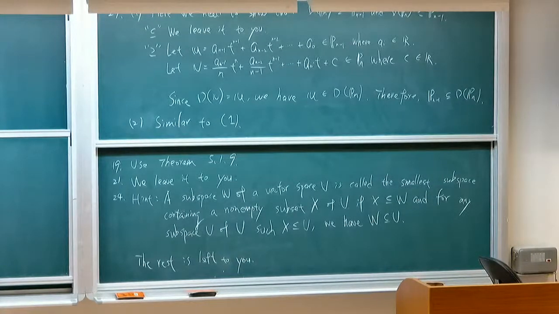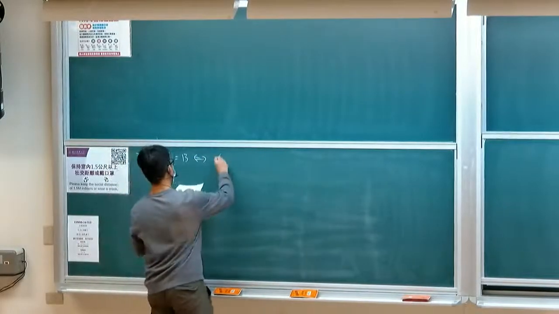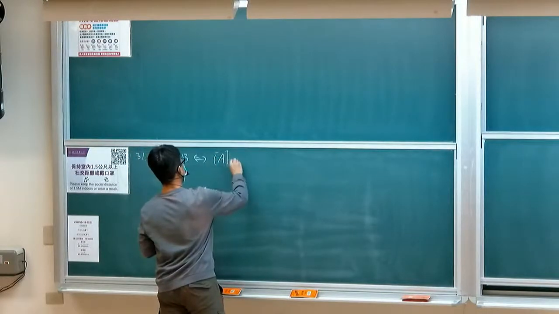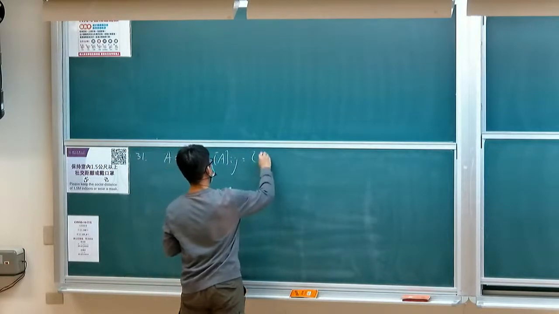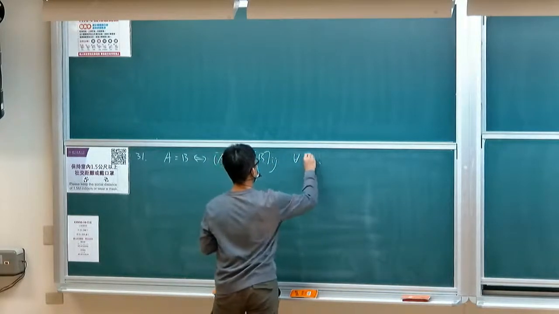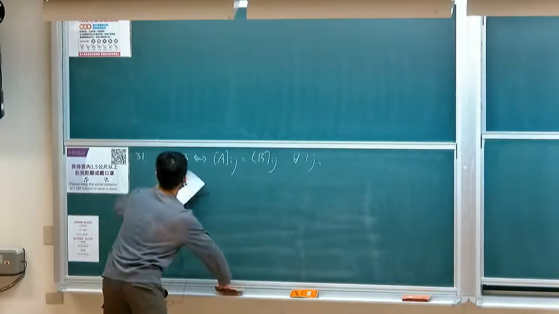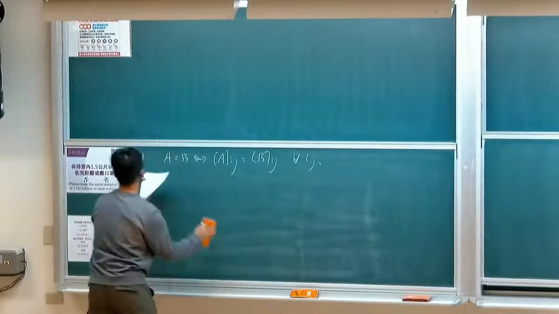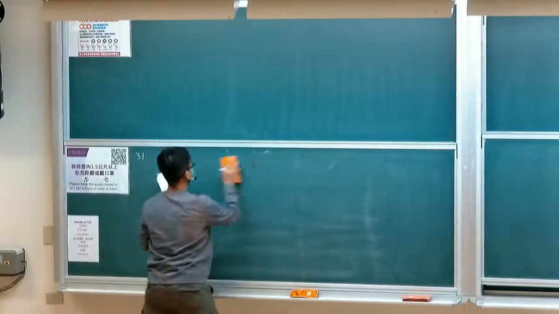For exercise 31, first we recall that for two matrices A and B, A is equal to B if and only if every element of A equals every element of B. So here we will use this theorem to solve this exercise.